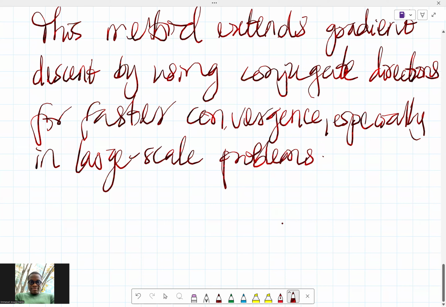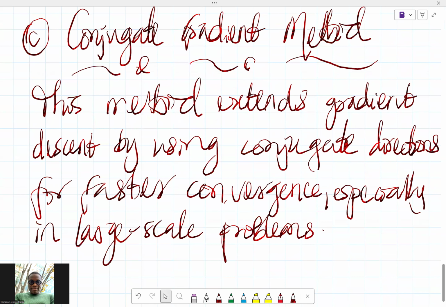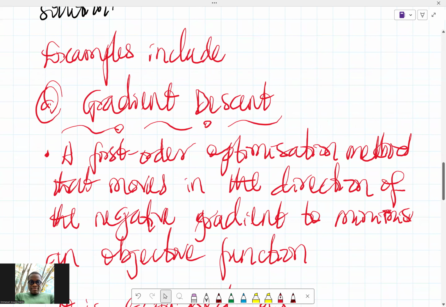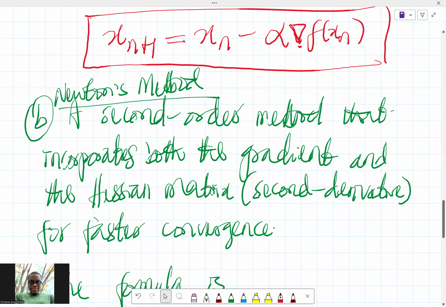Okay. So as the methods progress, the convergence gets better. So those are examples of gradient-based methods.